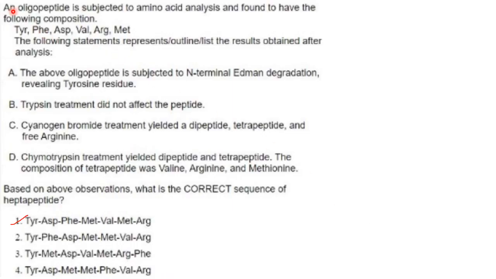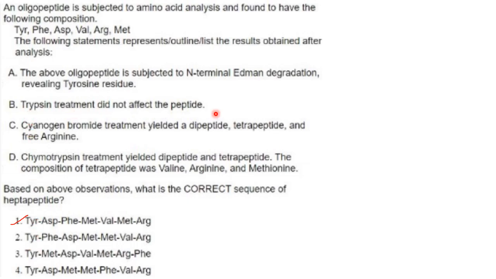Then next one. An oligopeptide is subjected to amino acid analysis and found to have the following composition. The following statements outline the results obtained after analysis. The above oligopeptide is subjected to N-terminal Edman degradation revealing tyrosine residue. So in all the options you can see tyrosine as the N-terminal one.